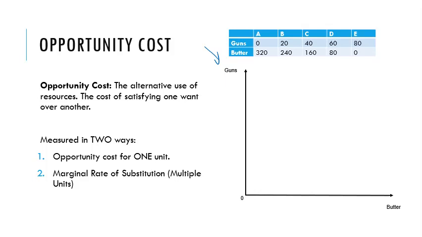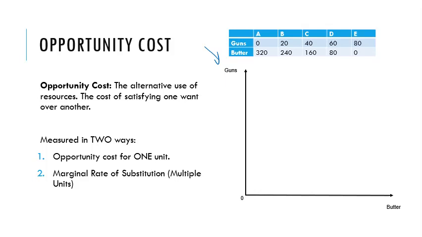Okay? Now, we have different points on our PPF where we can determine with our limited resources how much we're going to make of either good or service. So as you can see in this table, we can actually graph it out.